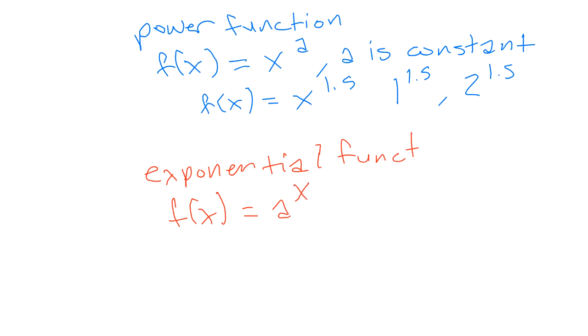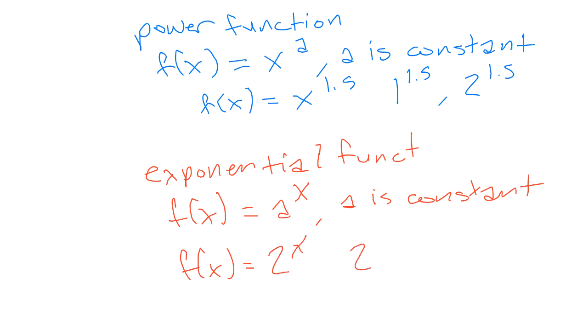So a is still constant. However, that x is the thing that changes. So let's say we have f of x equals 2 to the x, then we can plug in 2 to the 0, 2 to the 1, 2 to the 2, but those are all going to be different powers of 2. So those are a big thing to keep an eye out for and not get confused.